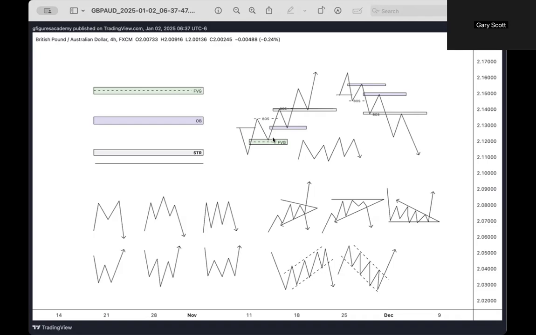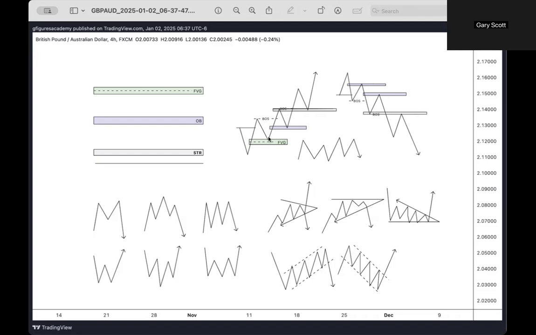That's what you want to see in order to take your entry point, in order to take the trade back towards the high that was previously created.